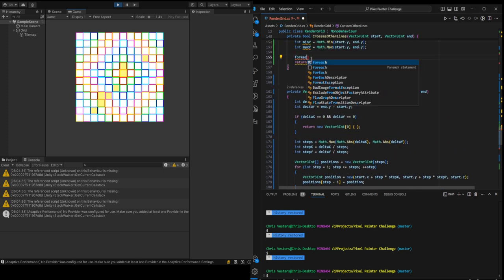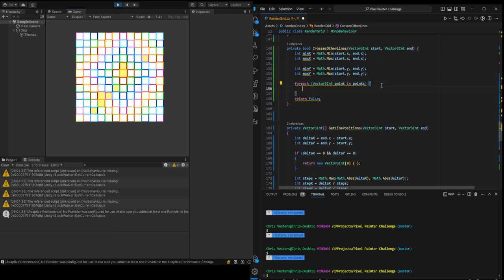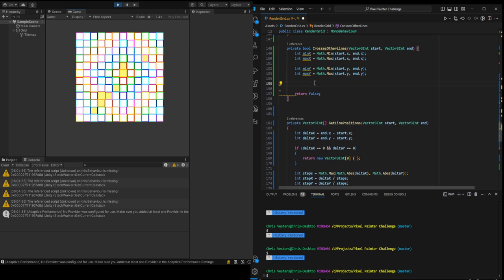So I have a foreach. Plus points in points. Actually, this is not going to work, because I need both. So I say for int index equals 0.